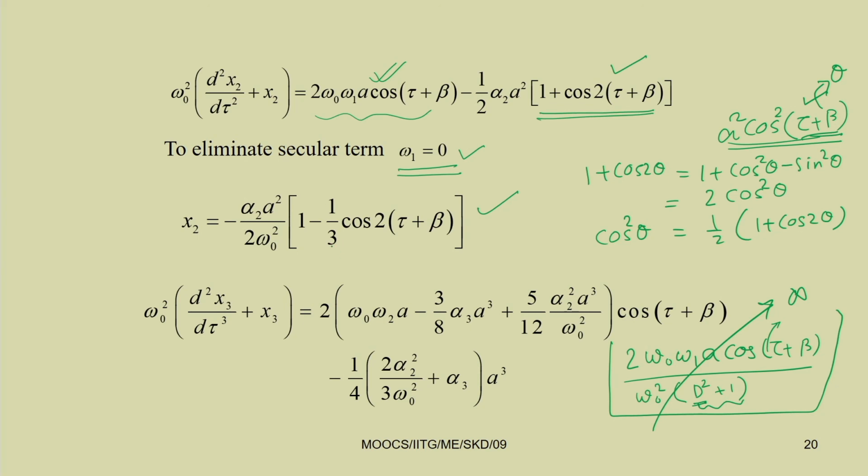For the constant term, it is constant by omega 0 square into d square plus 1. Take this to the top, expand using the binomial theorem, and you get the particular solution. In this way, x2 equals minus alpha 2 a square by 2 omega 0 square, times 1 minus 1 by 3 cos 2 tau plus beta.